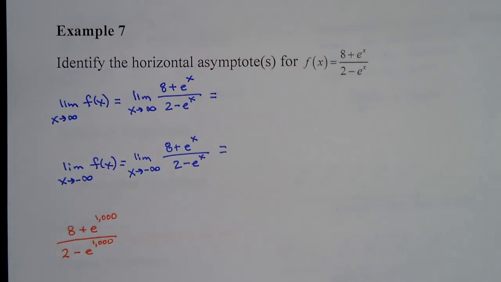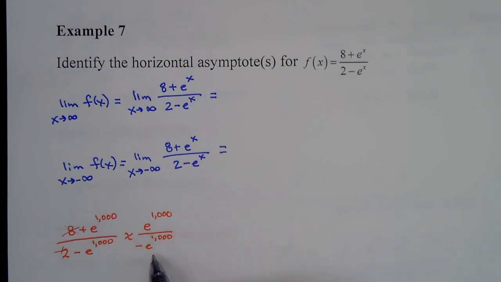So where's the big number here? It's e to the 1,000. This is huge. So this 8 and 2 are insignificant, and so really this is approximately e to the 1,000 over negative e to the 1,000.